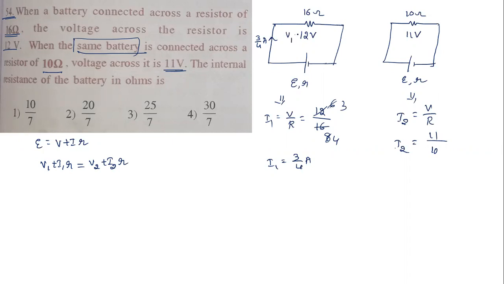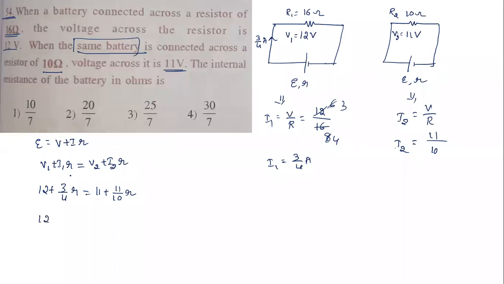Now let us insert the values one by one. Here it is V1, it is R1. Here it is V2, it is R2. So V1 is 12 plus I1, which is 3 by 4, into R, is equal to V2, 11, plus I2, 11 by 10, into R. So I'm going to simplify R now.